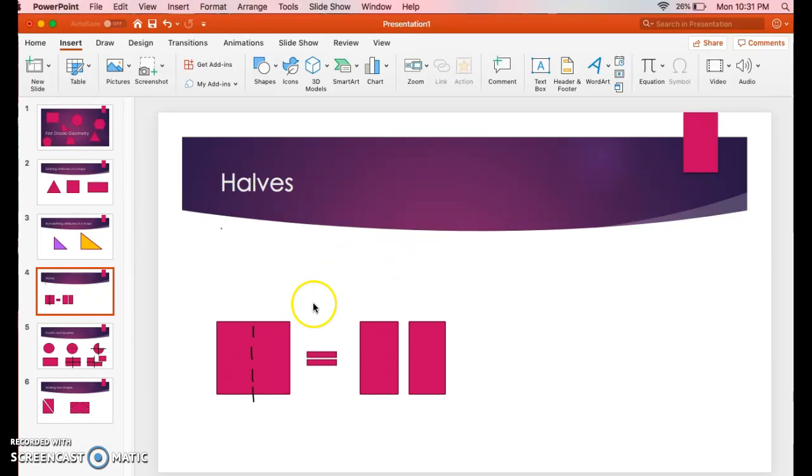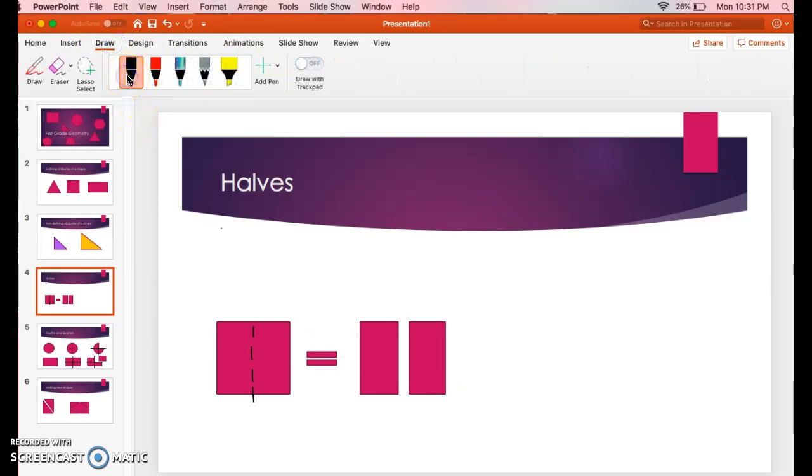Next, we're going to look at halves. If you take a whole shape, such as this square right here, and you cut it into 2 equal parts, you will have 2 halves. You can see this also if we do it with a circle.